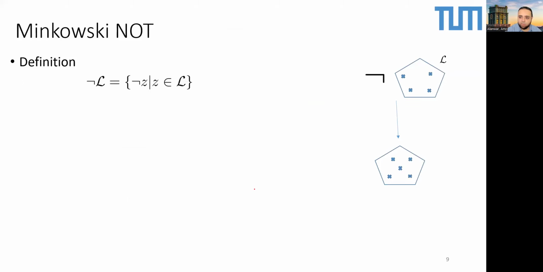We can also do NOT, which means inverting all the points inside a set, which usually takes a for loop over the number of the sets, over the number of the points inside the set. And in logical zonotope, it's enough to just XOR the C with a vector of 1s and keep the generator untouched.